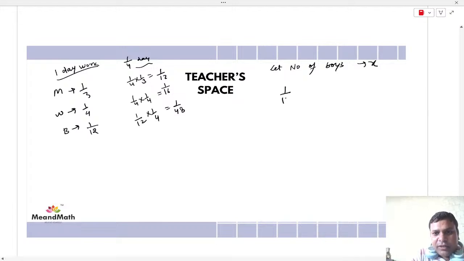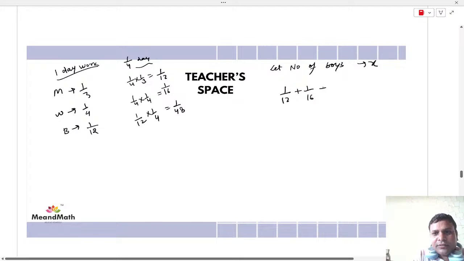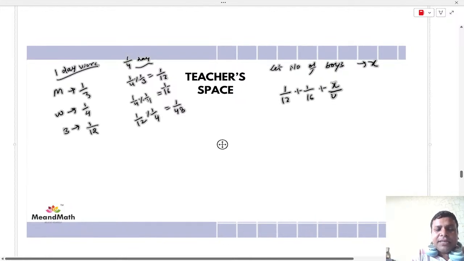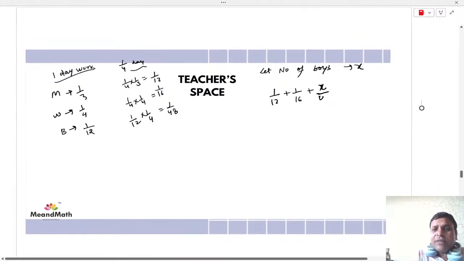So 1/12 for the man, 1/16 for the woman, and X/48 for the boys. One boy can complete 1/48 work in 1/4 day. So the boys can complete this work in this way.